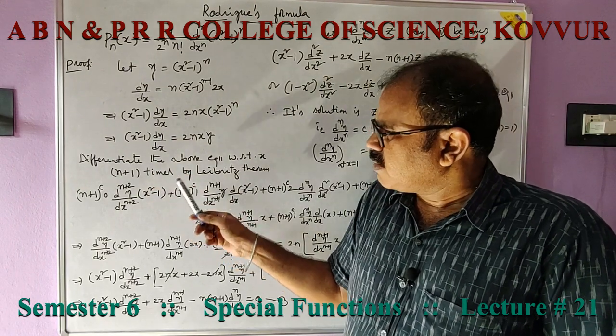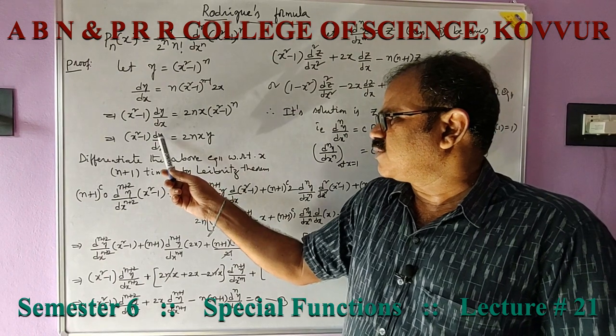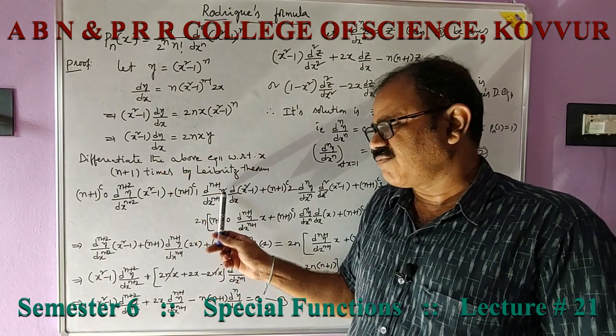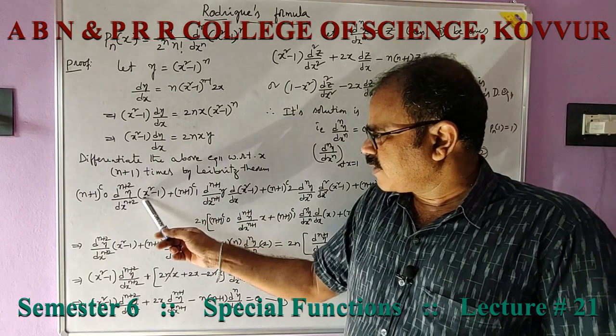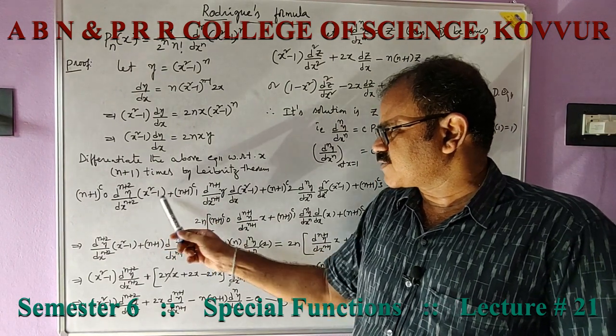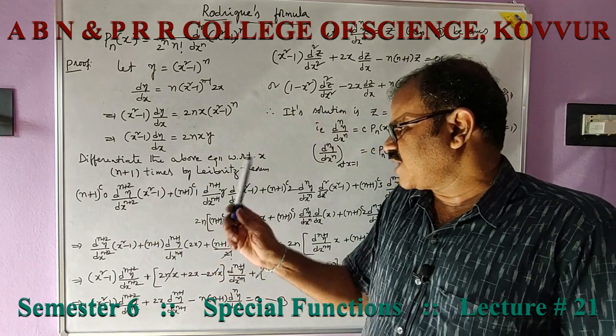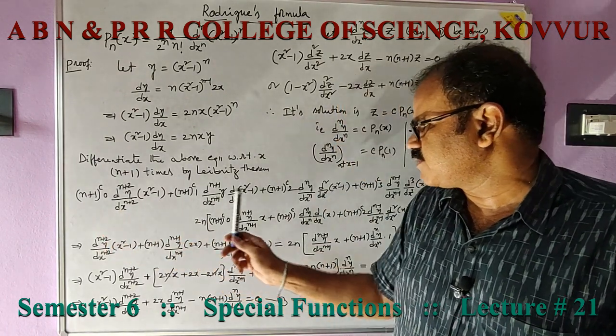Now one term is reduced, n times only. And now the first derivative of x square minus 1: here no derivative, here first derivative. Next term, this is n plus 1 c2.